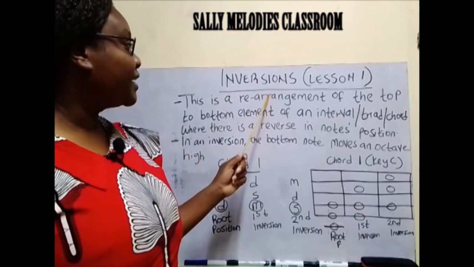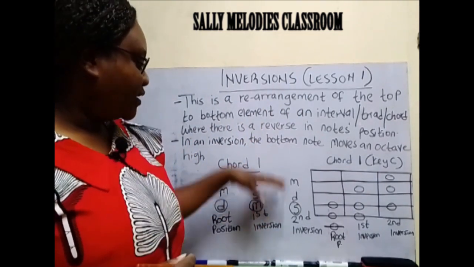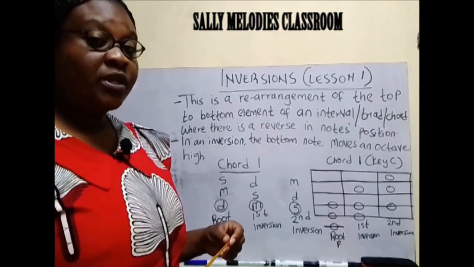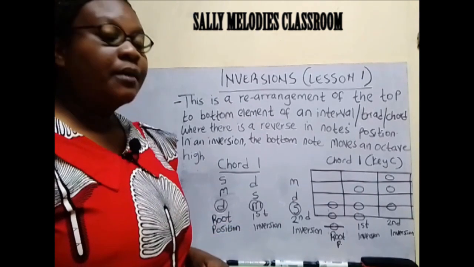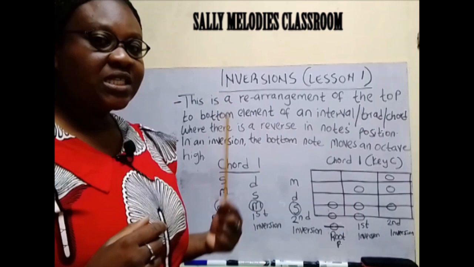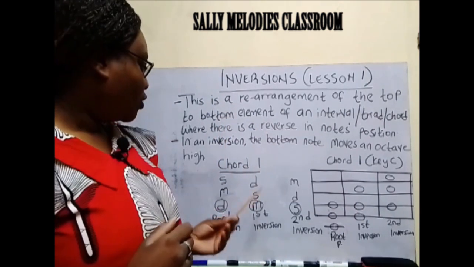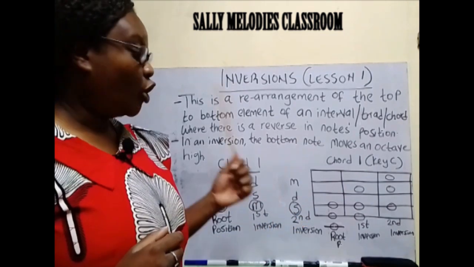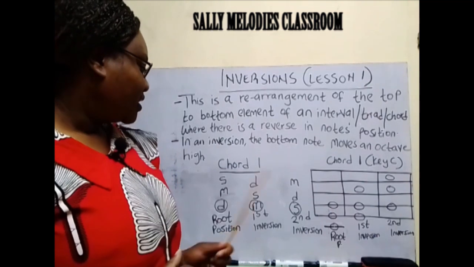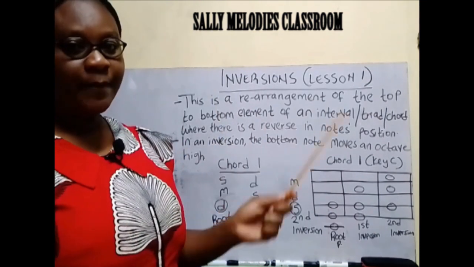Why do we do the rearrangement, or why do we use inversions in the triads and chords as we harmonize? There are so many reasons for that, but because we are doing harmonizing, I'll just give you one reason. We do that to break the monotony of the bass line and also to make the harmony singable, because you cannot have do, so, fa alone in the bass line.